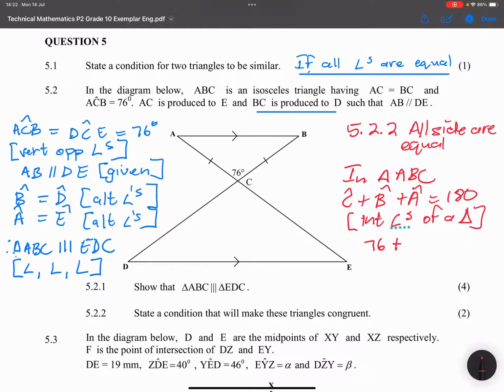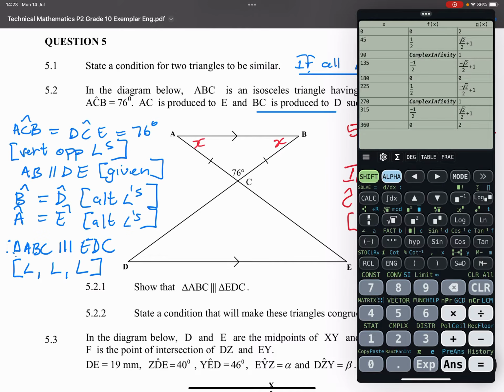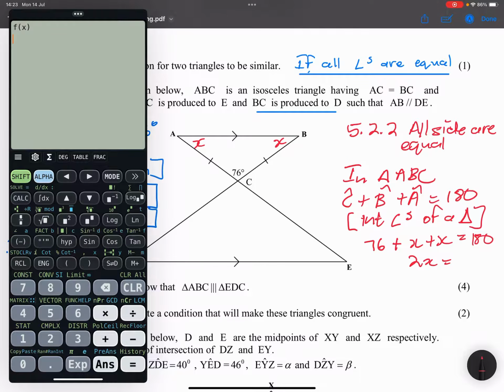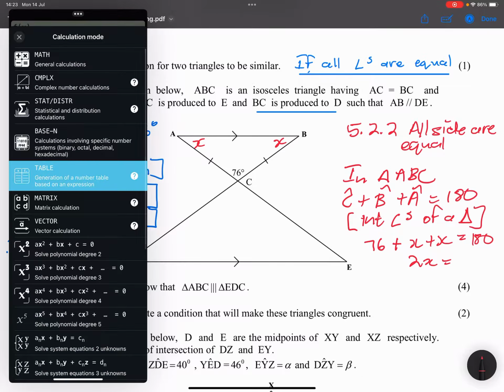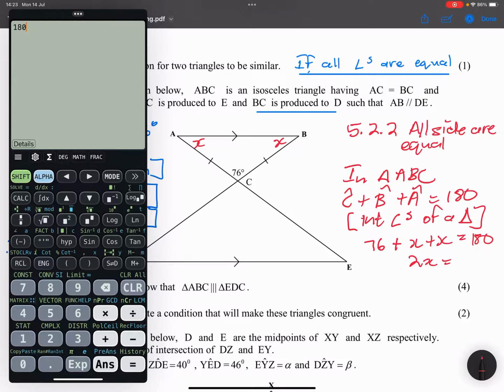Angle C is 76 degrees. Let's suppose I said A is equal to X. Then it means B would also be equal to X, so it means plus X, and this is 180. So 2X would be 180 minus 76.